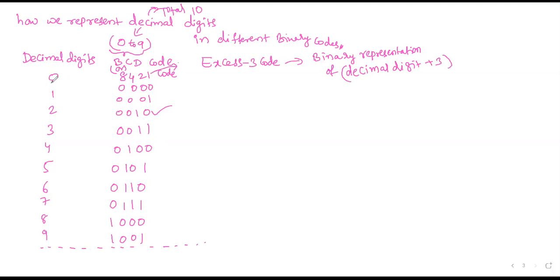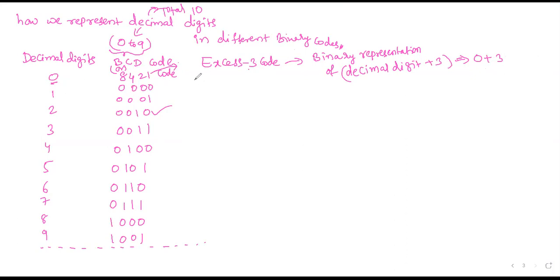So if you want to represent 0 in XS3, the number should be exceeded by 3. So in binary representation, you have to represent 0 plus 3. If you want to represent 1 in XS3 code, you have to represent 1 plus 3, 4.